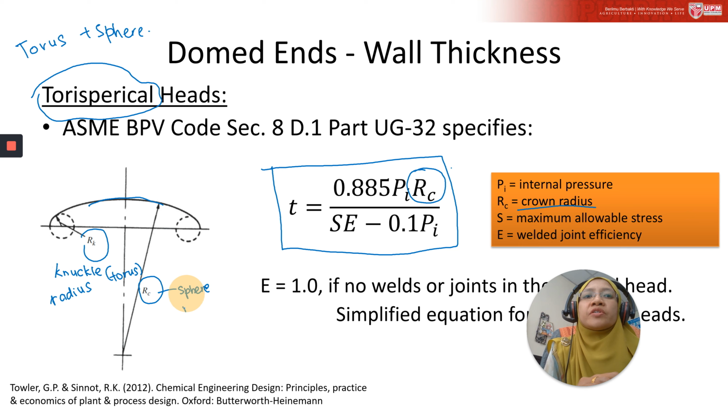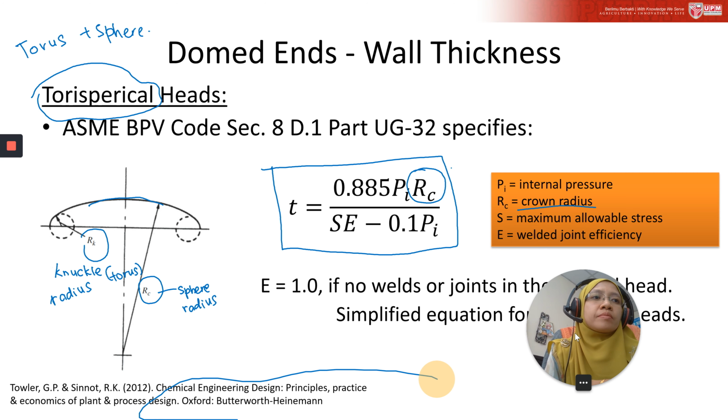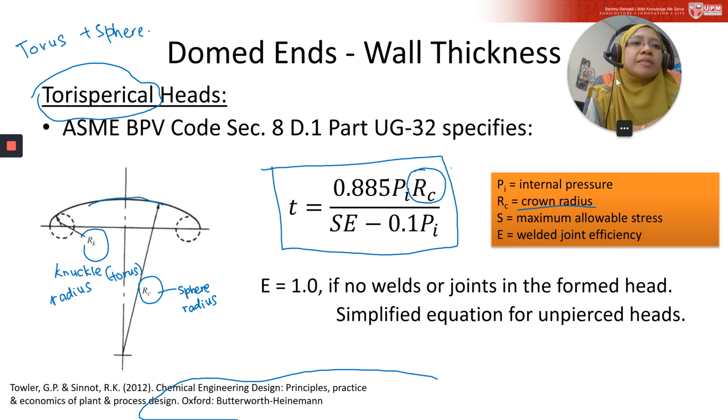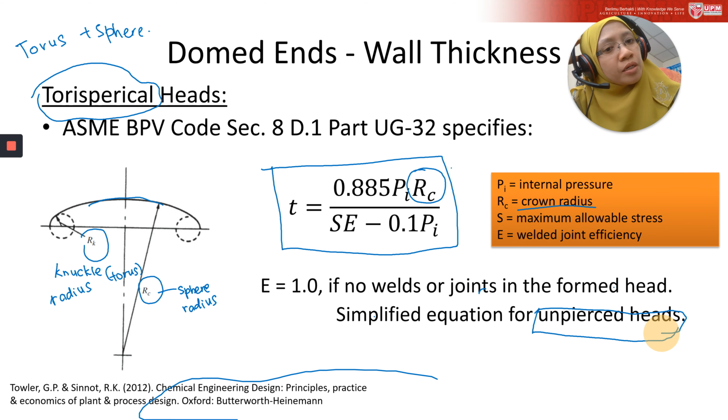Again, this equation is a simplified equation because it can only be applied for unpierced heads. Remember class, for your design project, if you have any opening on your heads, you cannot use this equation; you must find another equation.